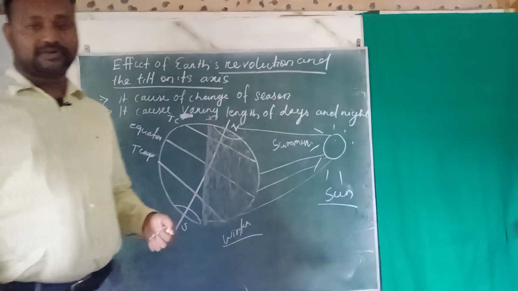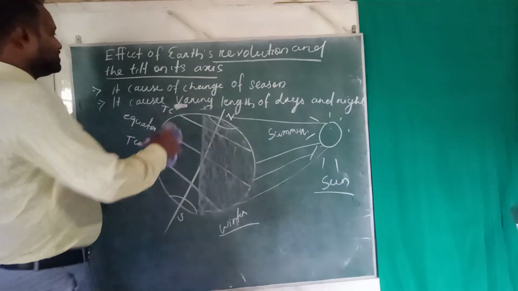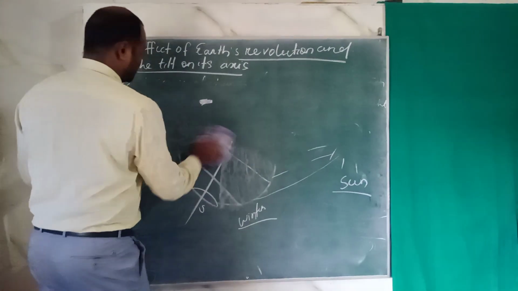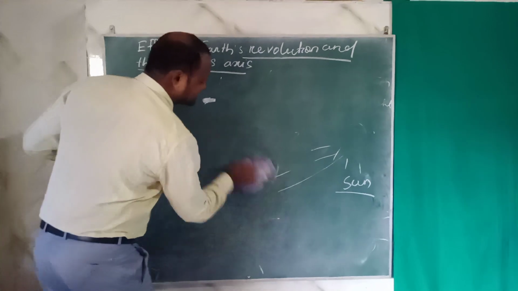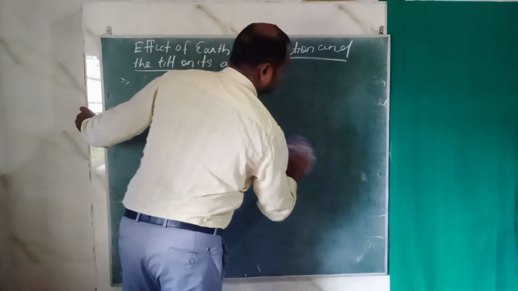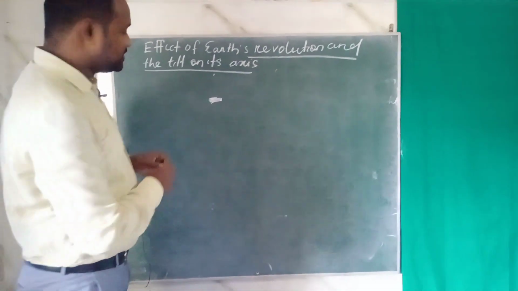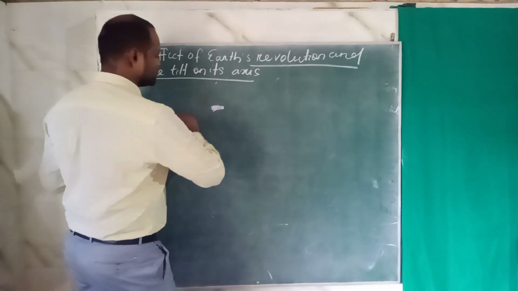So let's discuss, while the earth revolves and rotates, the earth's positions, which are known as winter solstice, summer solstice, and so on.